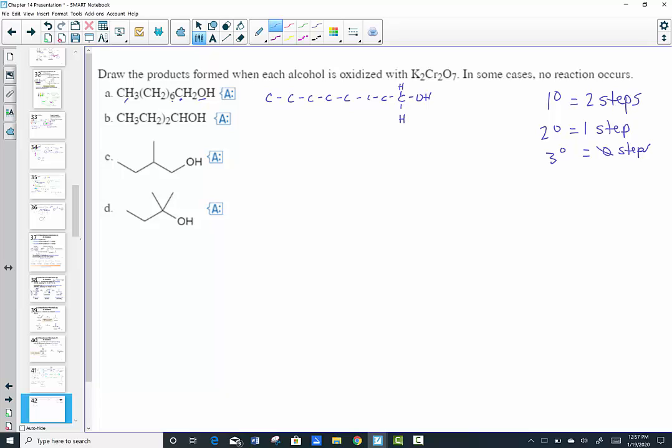That means there's 2 hydrogens available to be oxidized to increase the number of bonds to C to O. In your first oxidative step, 1, 2, 3, 4, 5, 6, 7, 8 in a row, that carbon here now is going to form a carbonyl and end at an aldehyde. So I did 1, 2, 3, 4, 5, 6, 7, 8, and created the aldehyde.